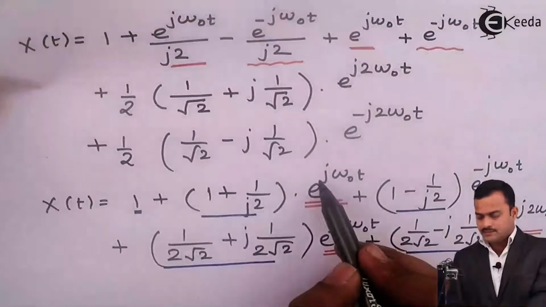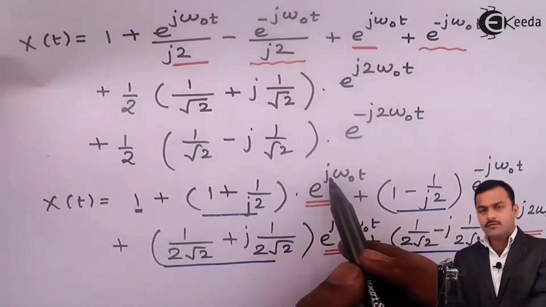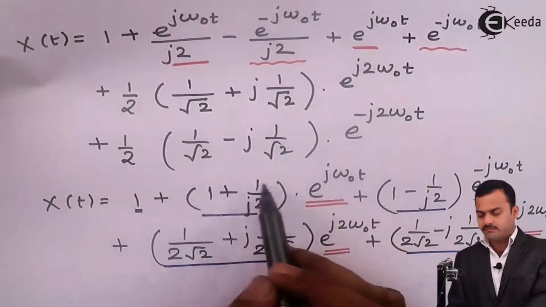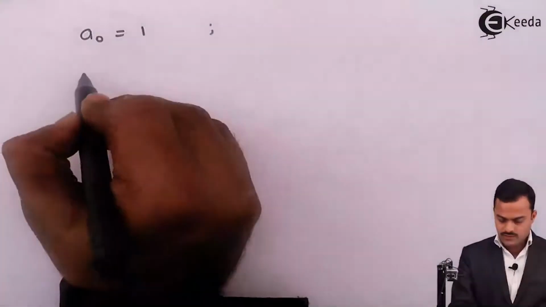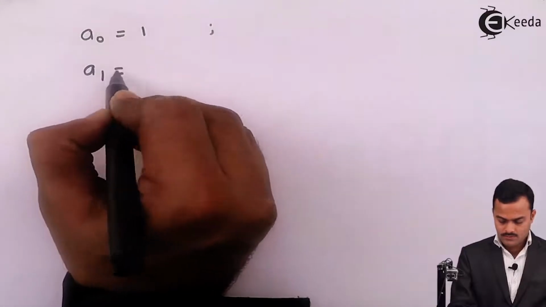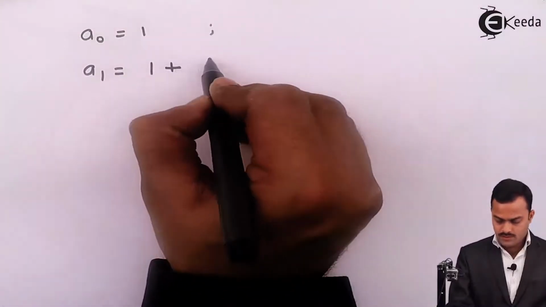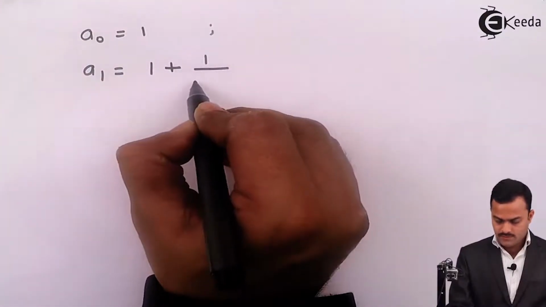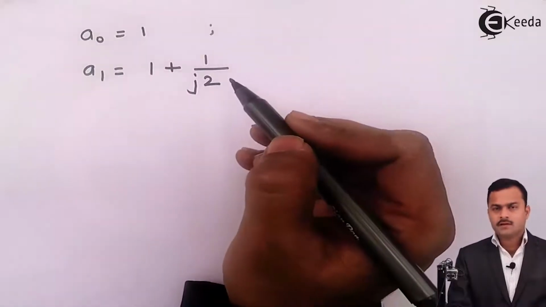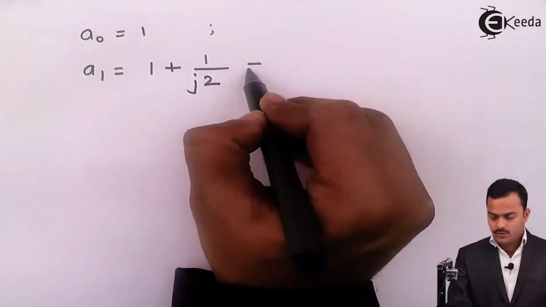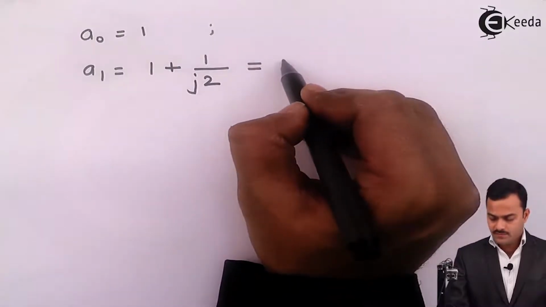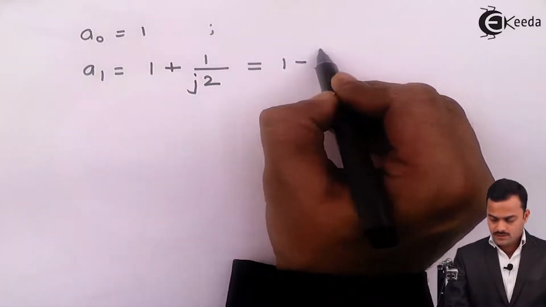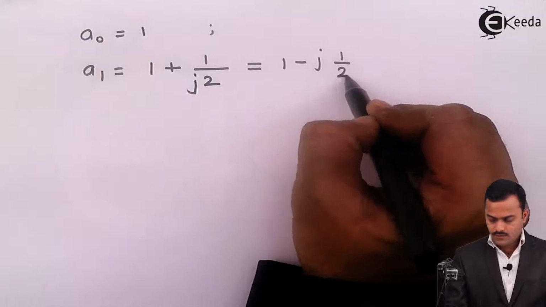Now, as I said earlier, it's the first multiple of omega 0, hence this will become A1. So A1 is 1 plus 1 by j2. Let's write it in a proper complex form, which will be 1 minus j 1 by 2.